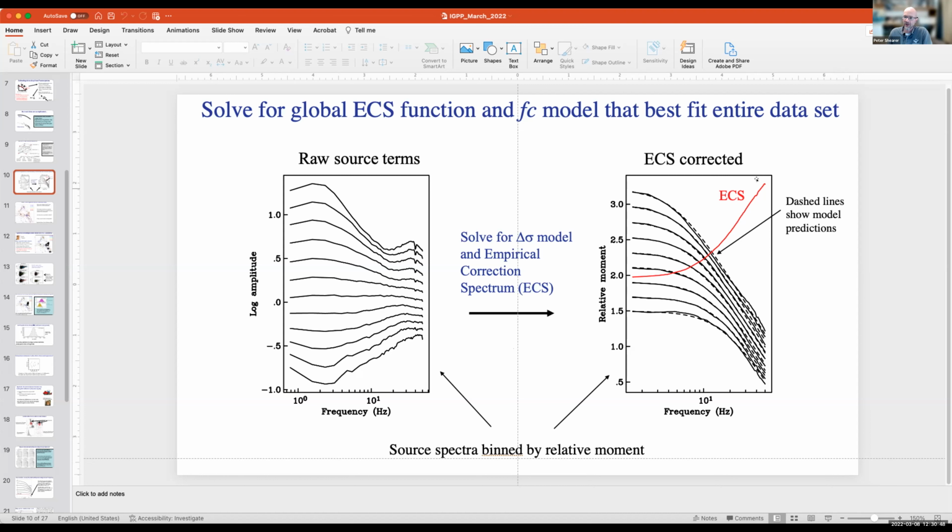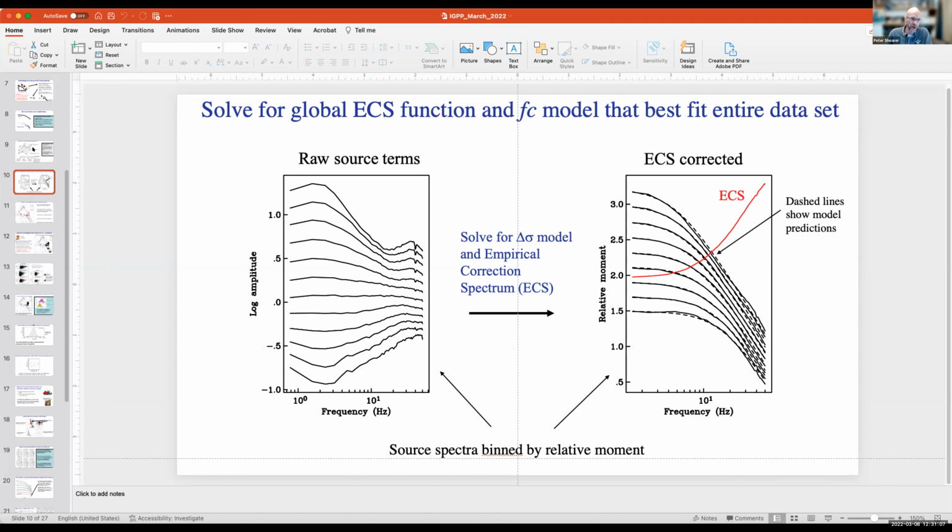So the idea is we want to solve for this red curve here, so that when we subtract it from the raw source terms, we get ones that now look like the true source spectra.